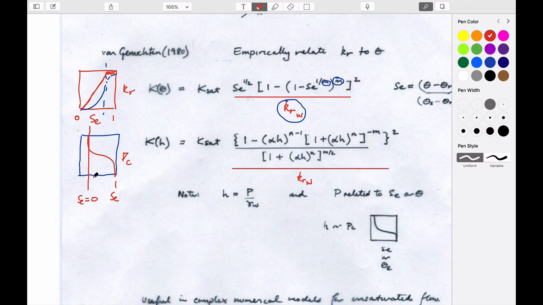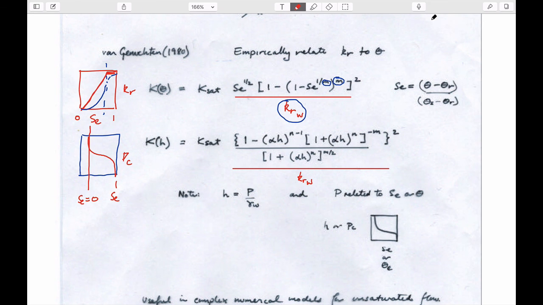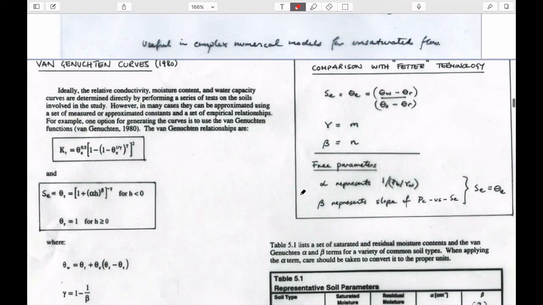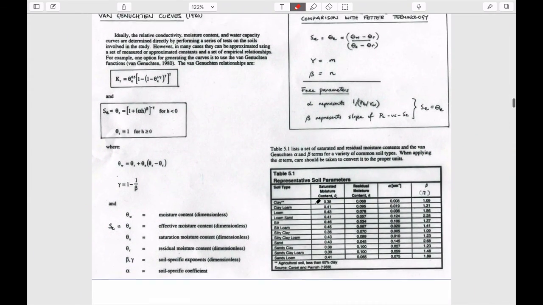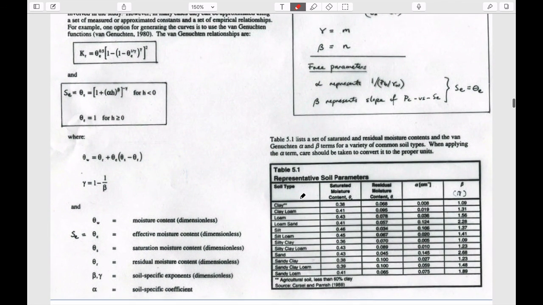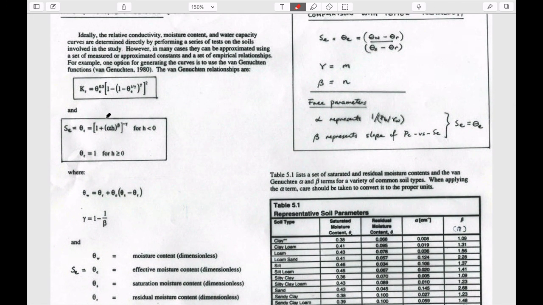And so the final slide, I think, well, not I think, I'm pretty sure it is the utility of this is that we can define these two things. So they're summarized, if you like, in this little slide. And that is that the relative permeability versus effective moisture content is given by this equation.